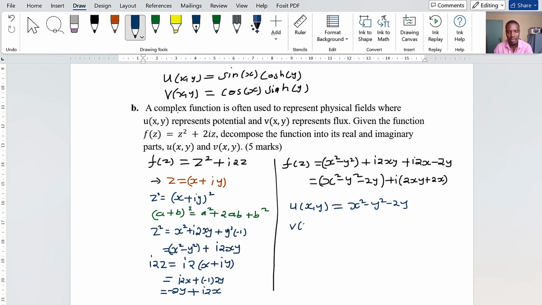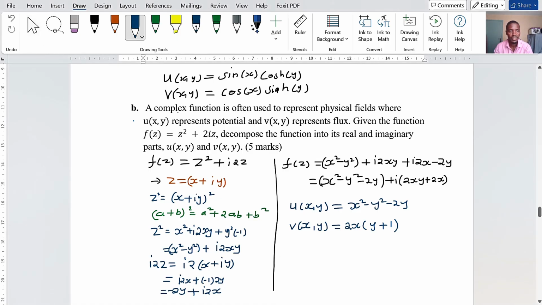And then your imaginary part, v of x, y equals 2x, which is common, into y plus 1. Depends on how you want to give your answer. But whichever you have will be correct, whether you factorize it or not.